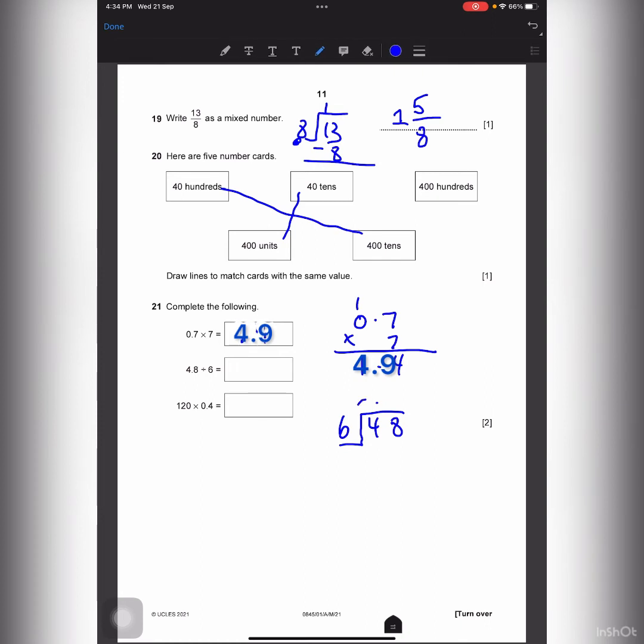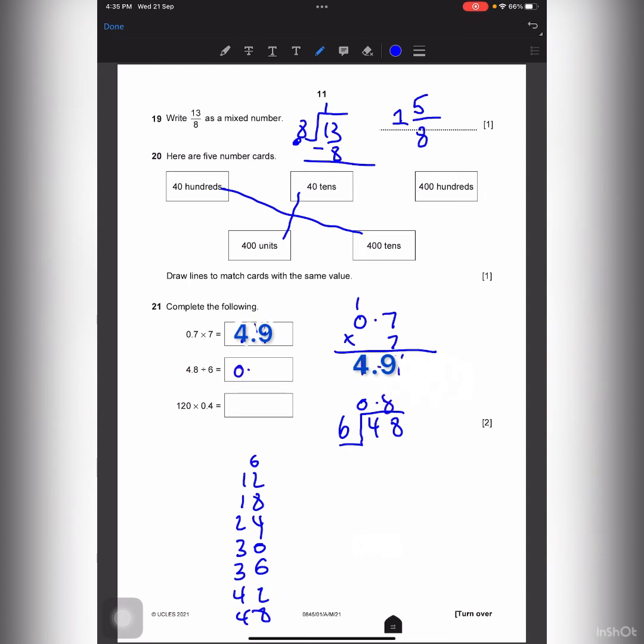And then we're going to add the 0 here if you want to. And now let's do 6 ones are 6, 6 twos are 12, 6 threes are 18, 6 fours are 24, 6 fives are 30, 6 sixes are 36, 6 sevens are 42, and then 6 eights are 48.